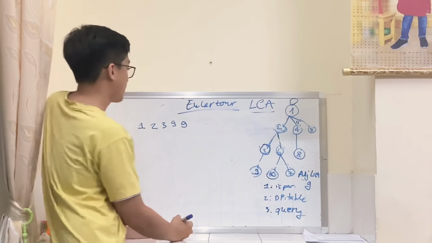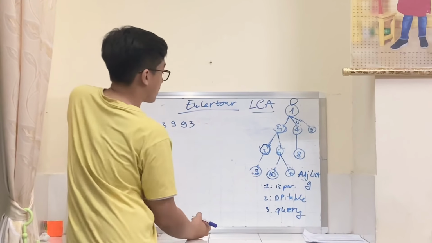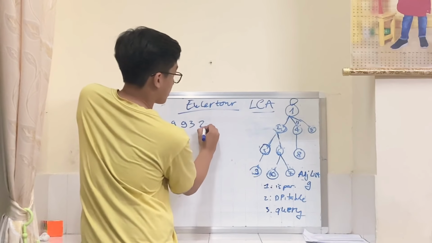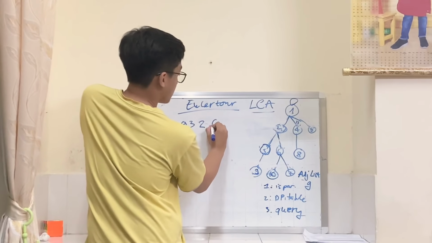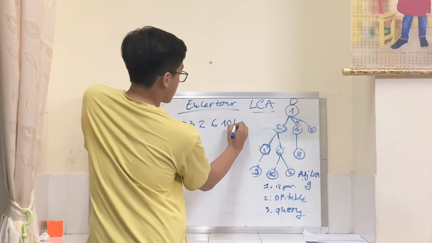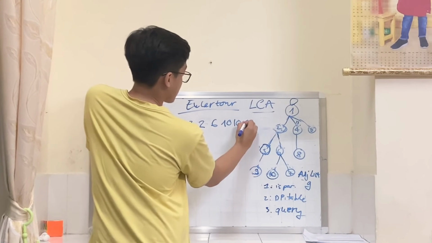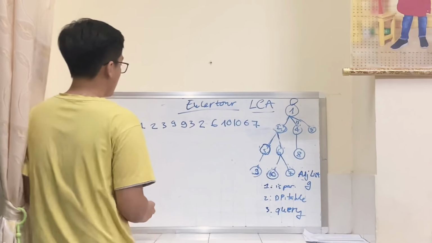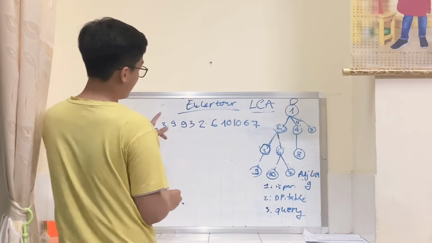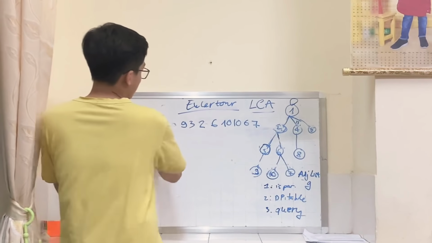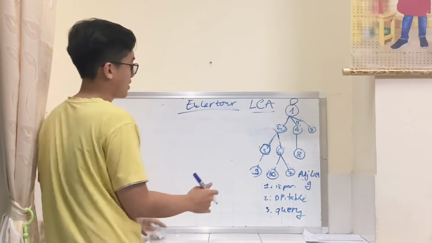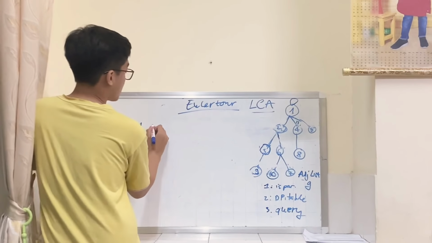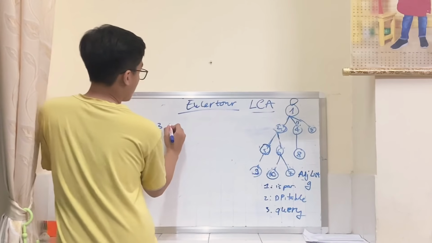Yeah, 9 and 3, 2, 6, 10, 6, 7. It doesn't matter. Yeah. 1, 2, 3, 9.